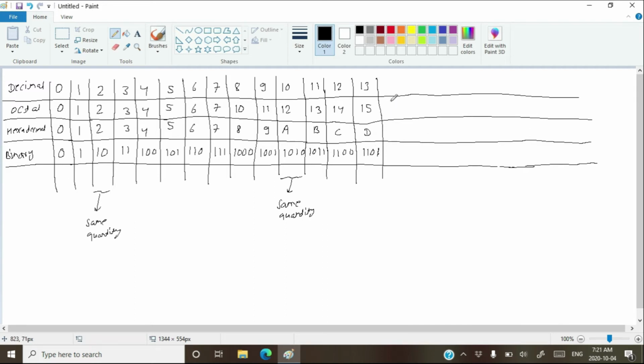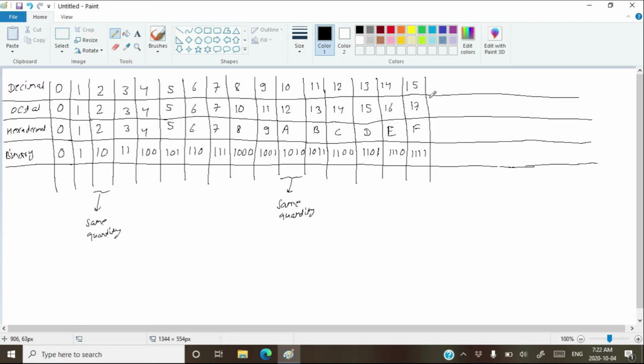After that in decimal you have 14, in octal 16, in hexadecimal E, and in binary 1110. After that in decimal you have 15, in octal 17, in hexadecimal F, and in binary four ones.